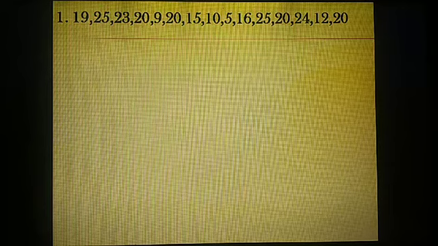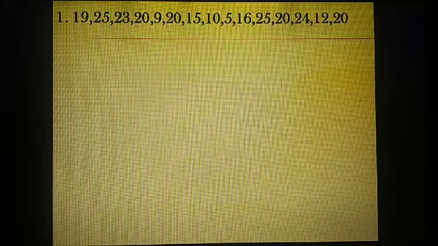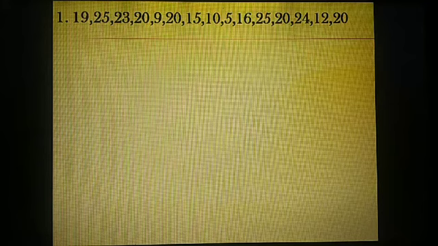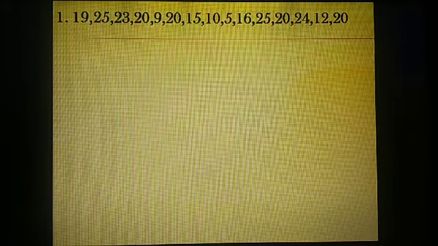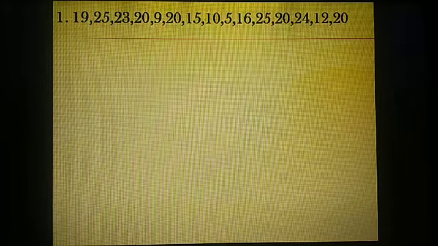Are they the same? First you will find the mode, then the median, and then you have to check whether they are the same or not. So what I am doing here is arranging them in ascending order right now. Although it is not necessary for mode, it is necessary for median, so I am arranging it right now.